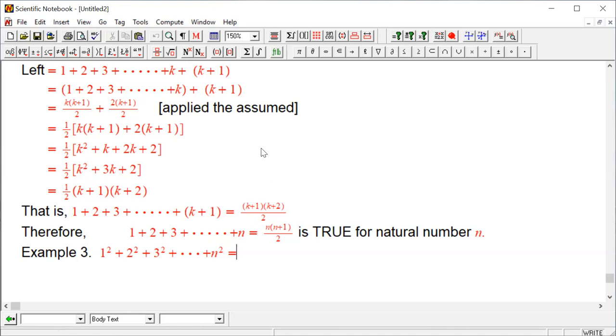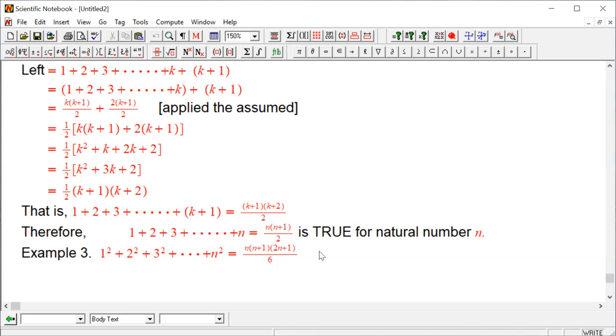It is going to be equal to n times n plus 1 and times 2n plus 1, divided by 6.